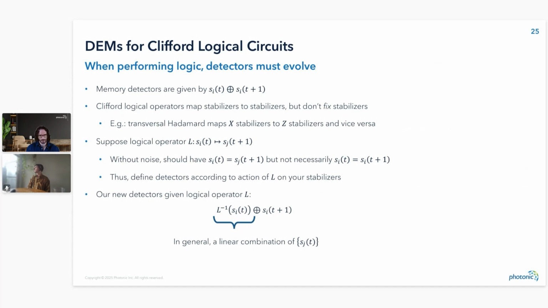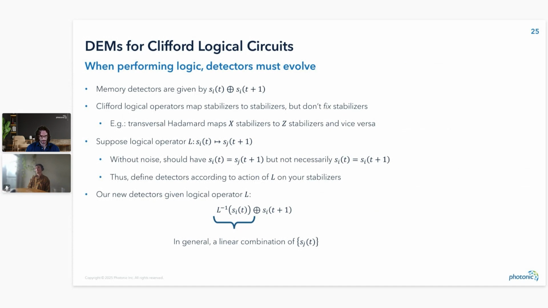A very easy way to see this is if you consider, say, the transversal Hadamard operation that Alex described, where very clearly that is mapping X stabilizers to Z stabilizers and vice versa. So really, we should think about where stabilizers are mapped by a given logical operator and define our detectors that way.